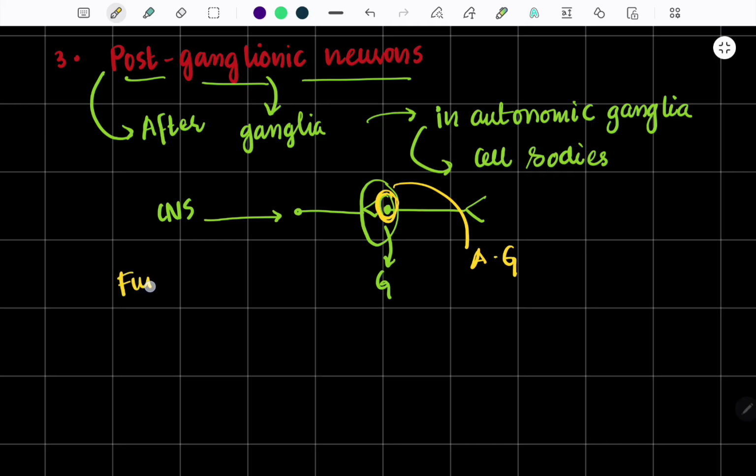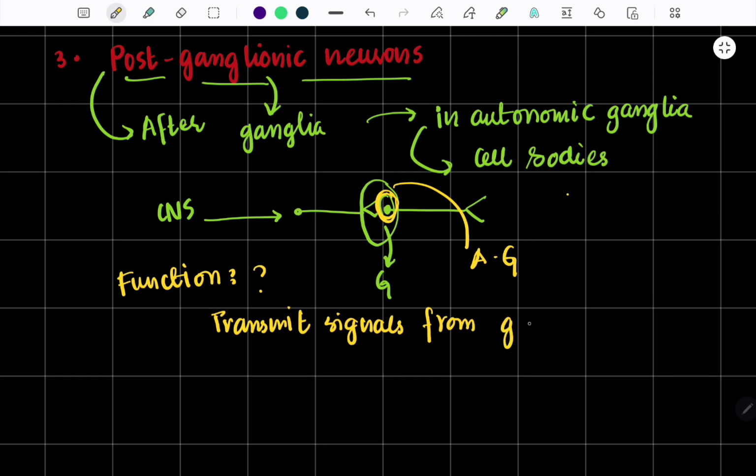Now what is the function of post-ganglionic neuron? Basically, post-ganglionic neuron helps to transmit signals from ganglia to the target organs. Now here we are reaching towards the end of our pathway, which means that it transmits the impulses, signals from ganglia to effector organs.